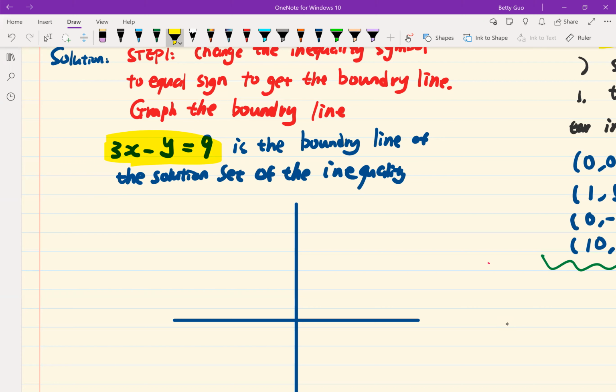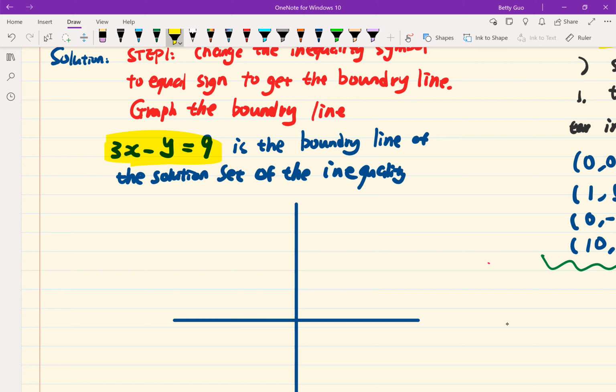If we know the x-intercept and the y-intercept for a line, we are able to graph the line.